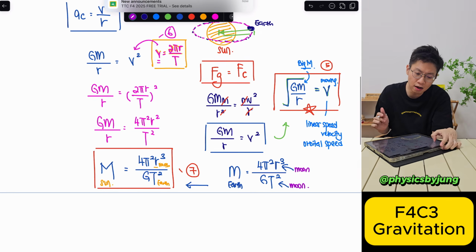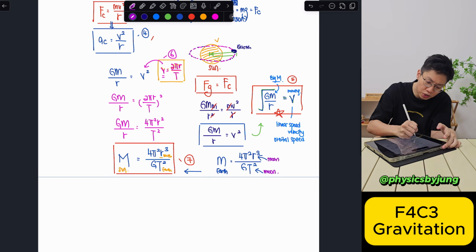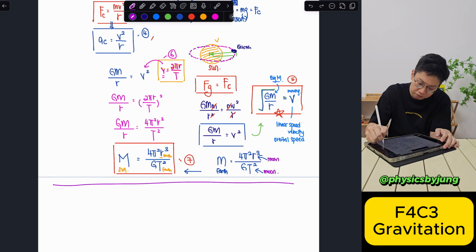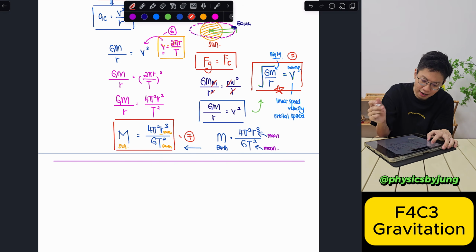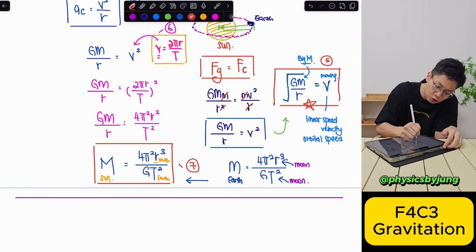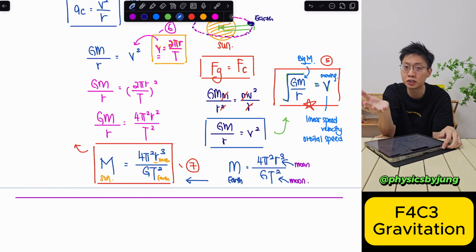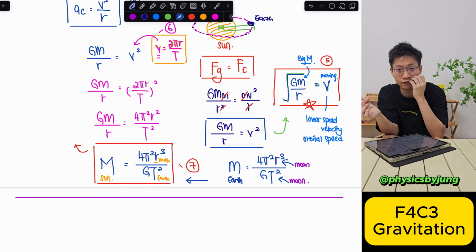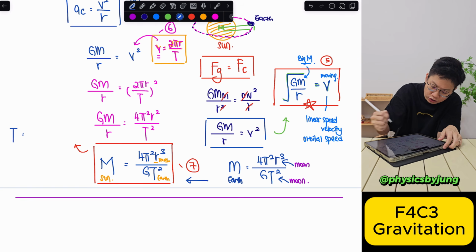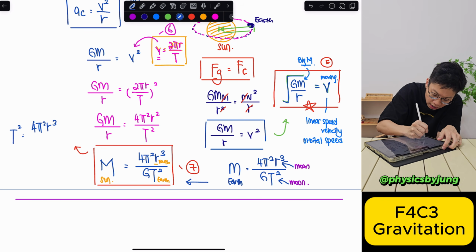Okay, if you guys are okay with this, we now already have 7 formulas, and suddenly we will break into one more thing. Some of the books, especially textbooks, will give you another version of the formula, whereby they will say T squared equals 4 pi squared r cubed divided by GM.